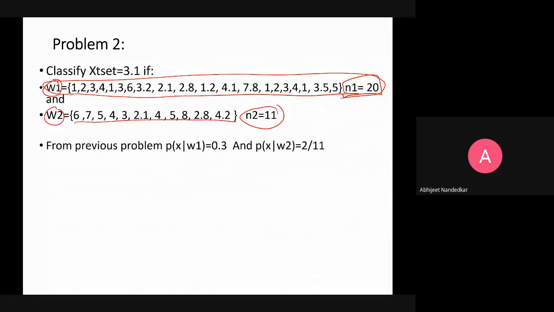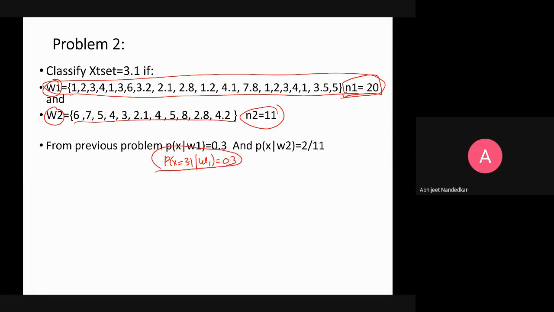Now from the previous problem, we know that the probability of x equal to 3.1 given omega 1 is 0.3. That we have calculated in the last problem.